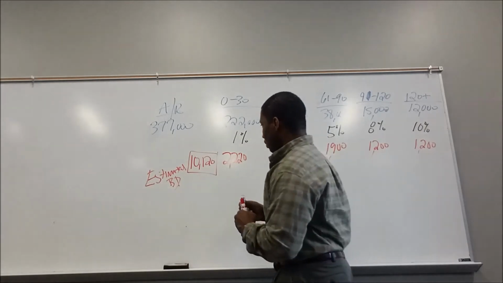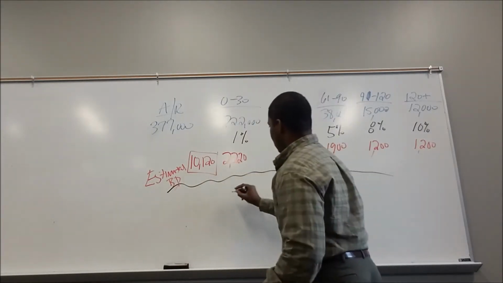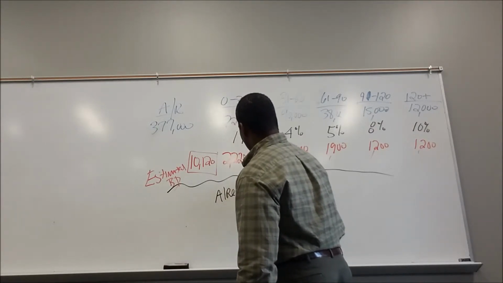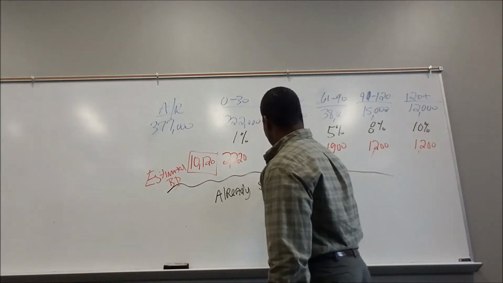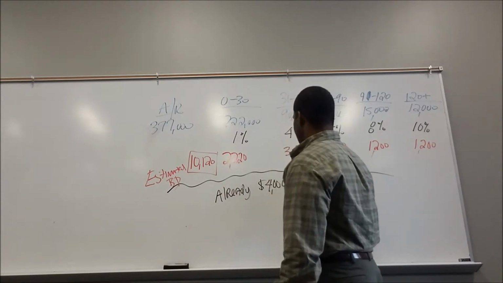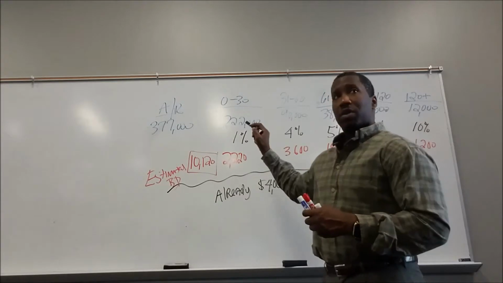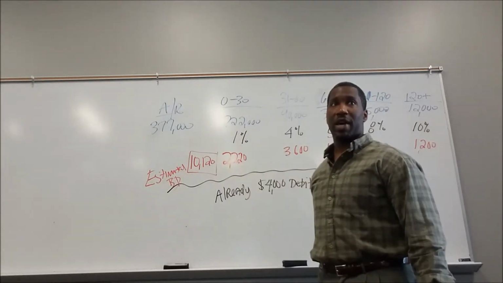So, the allowance account already has a $4,000 debit. We know that based on these sales, this is how much I should have in my estimated account.